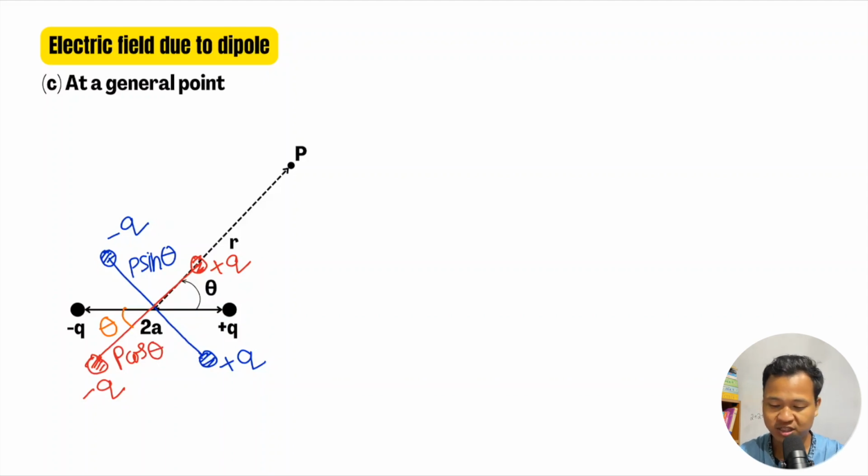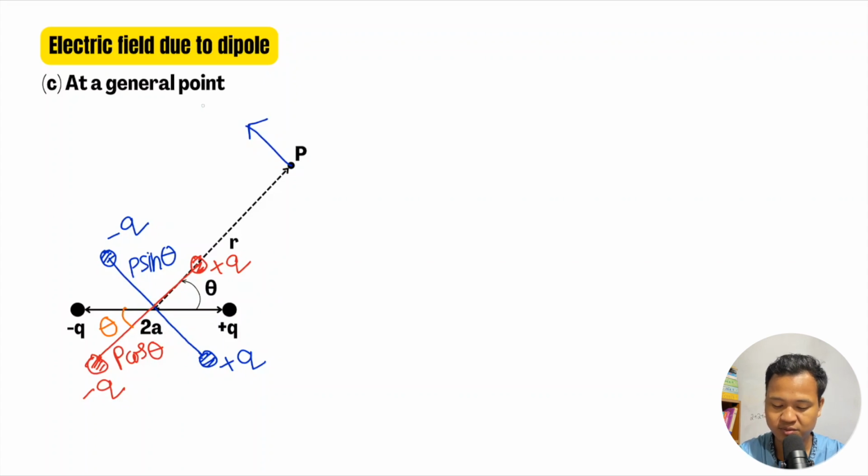So the dipole is split into two components. Due to this component, point p is a point on the equatorial plane. Due to the second one, due to p cos theta, it is an axial point. So due to p sin theta at p, the electric field, as in the equatorial derivation, will be along this side.